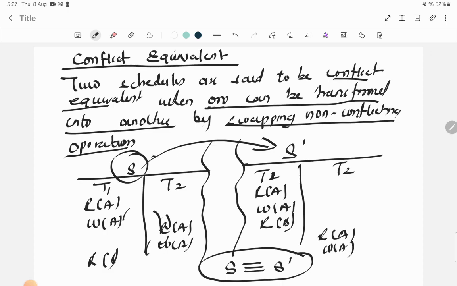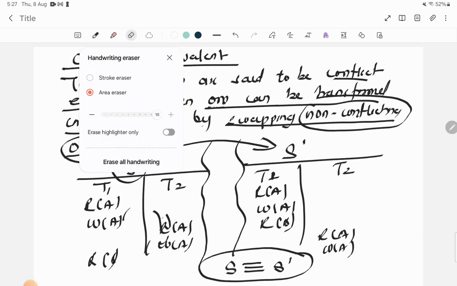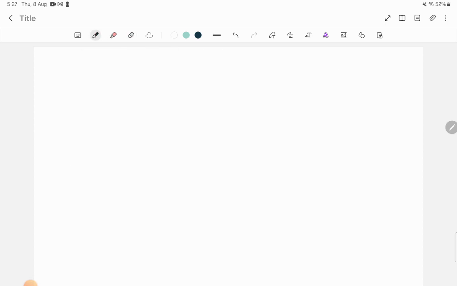So before going to the question part, let us see what the non-conflicting operations are.